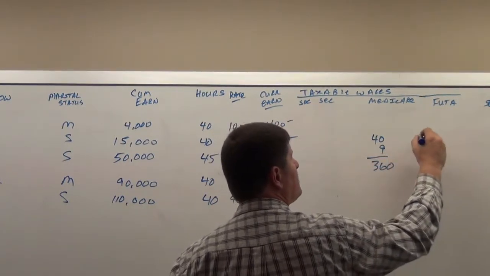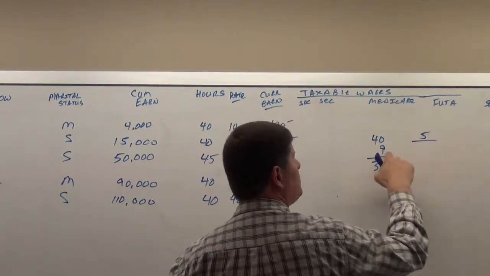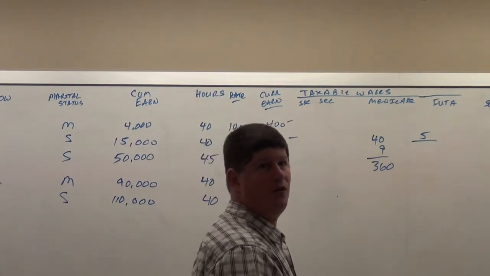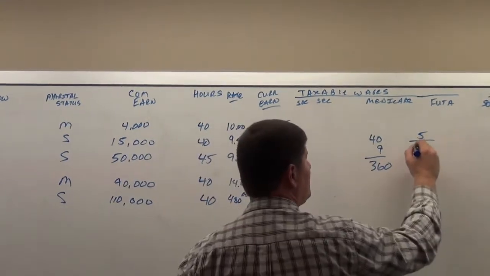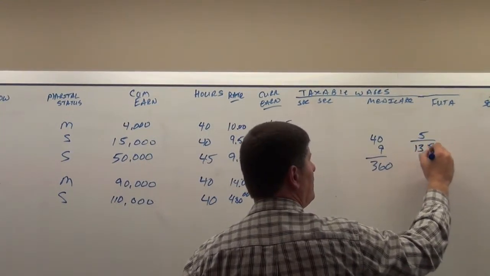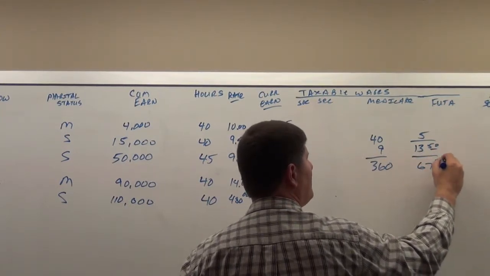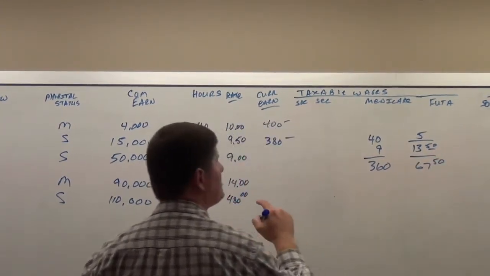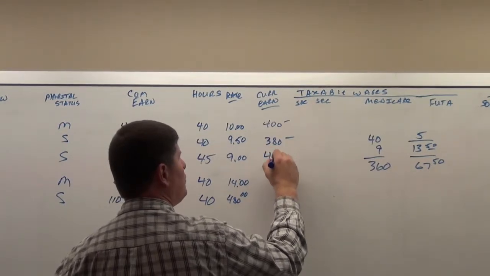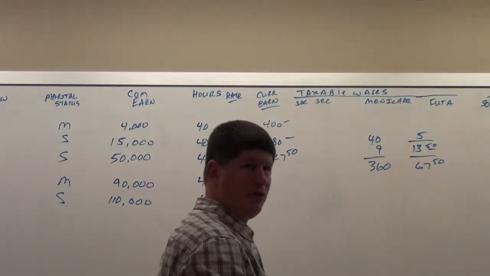And then it was plus 5 times, what's 9 divided by 2? 4.5. So it's 5 times 13.50, 67.50. So we made 67.50 there. 360 plus 67.50 is 427.50. You guys are on fire tonight.